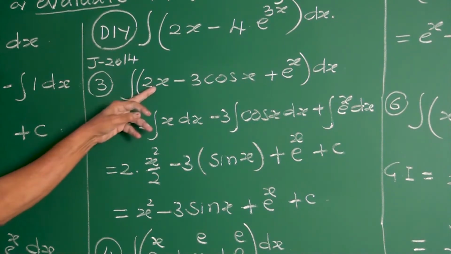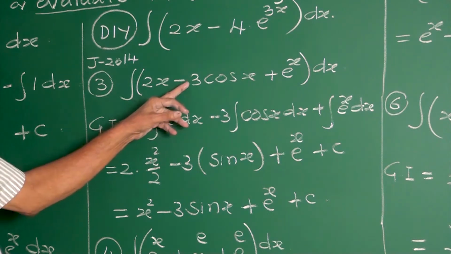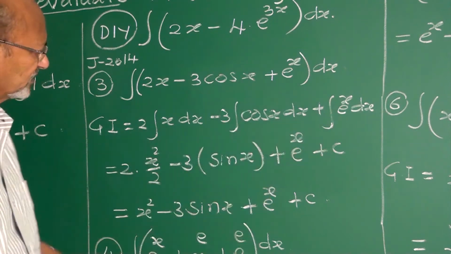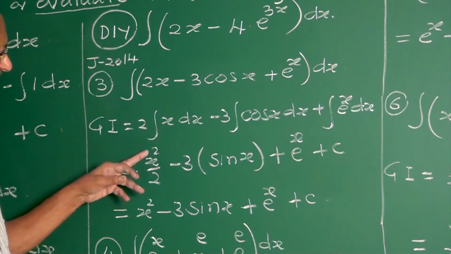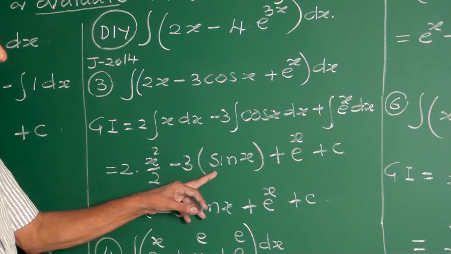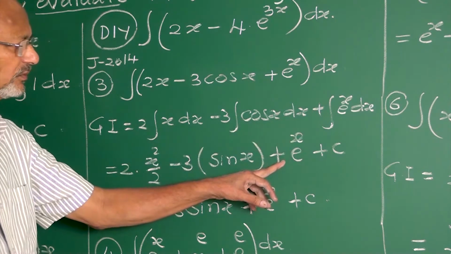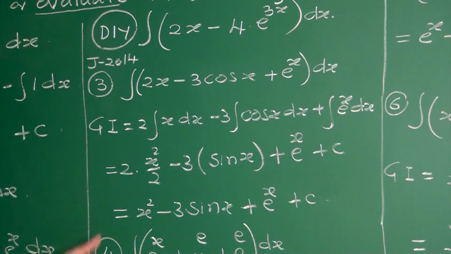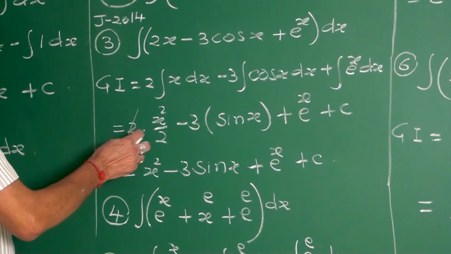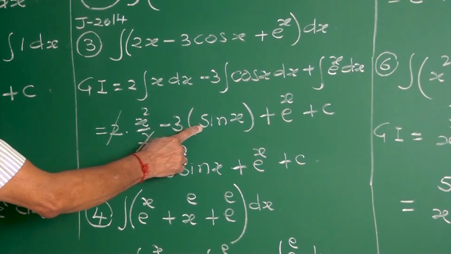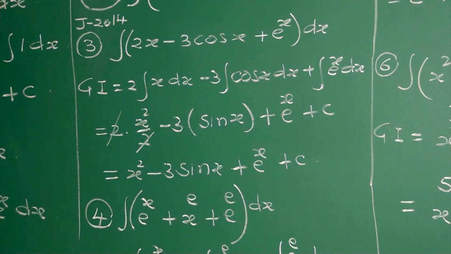Given integral, 2 into integral of x minus 3 into integral of cos x plus integral of e to the power x. 2 into x squared by 2 minus 3 into integral of cos x is sin x, plus e to the power x plus c. c means constant of integration. 2 gets cancelled with 2, my friends. Left x squared minus 3 sin x plus e to the power x plus c.